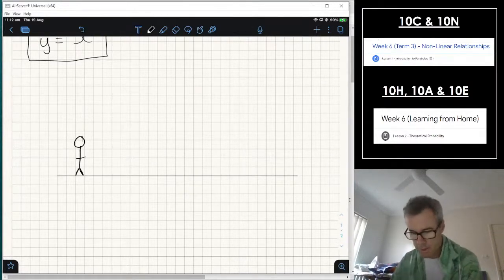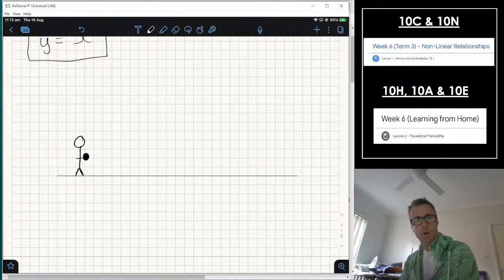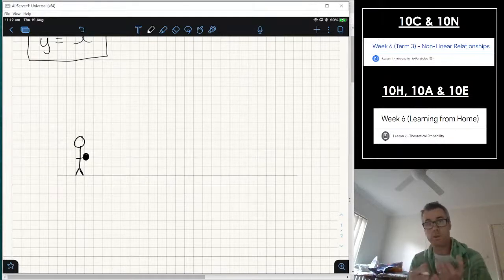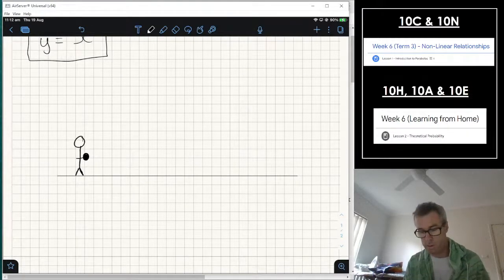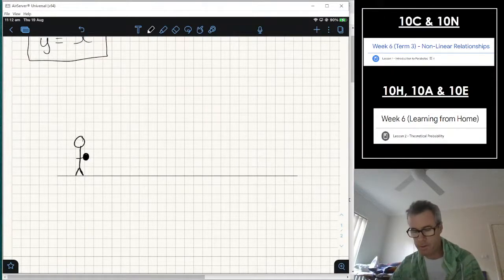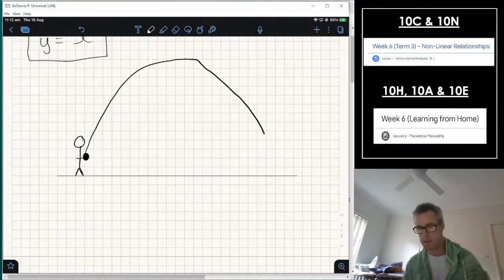What you've got in your hand is a little ball. You get that ball and you throw that ball as hard as you can. Now, assuming that the only two forces acting upon it are your throw and gravity, with no wind resistance or anything like that, what would happen is your throw would go up and it would go down, like so.